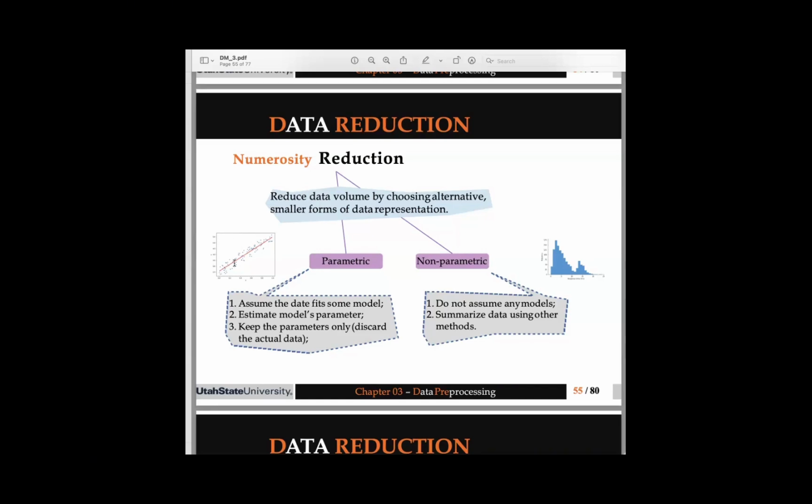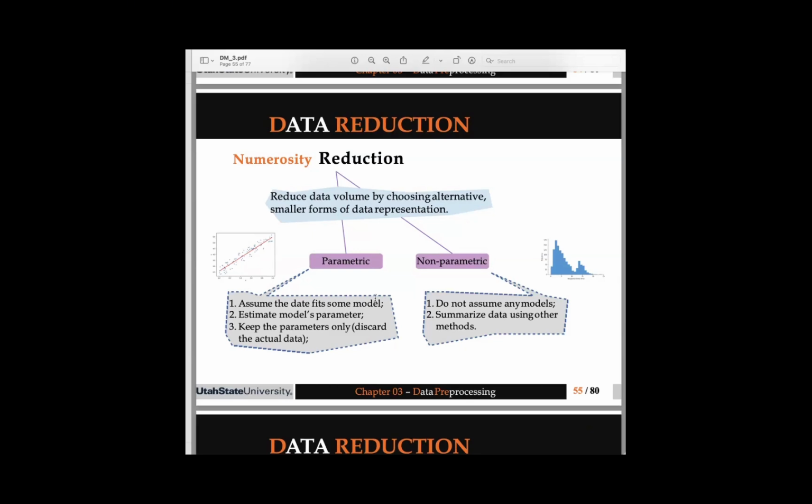Of course, if it's a linear regression, I just need to know the slope of the line and the intercept, which is m and a, and I can discard all those scatter blue points that you can see over here. I don't need them because I just approximated the whole data, which was probably taking me a matrix of 100 by 2 dimensions, using just two parameters. It's parametric because I just need to remember the parameters of the model that I approximated it with.